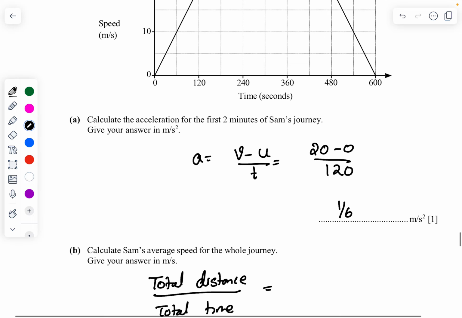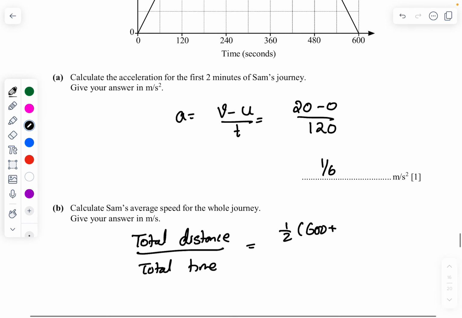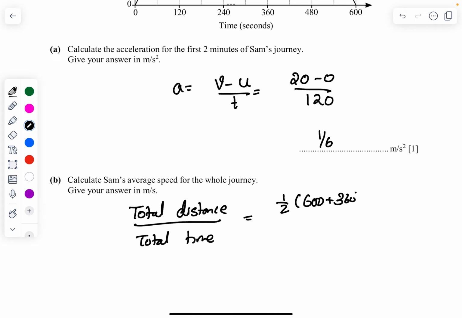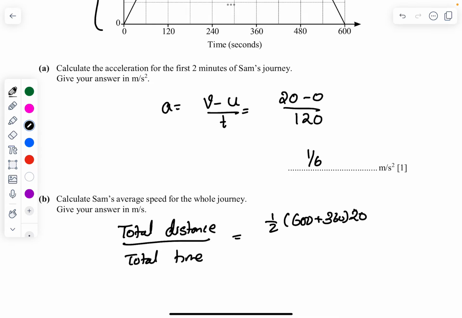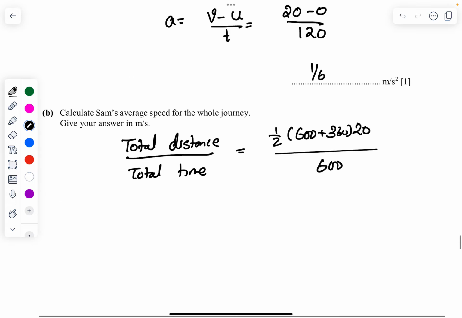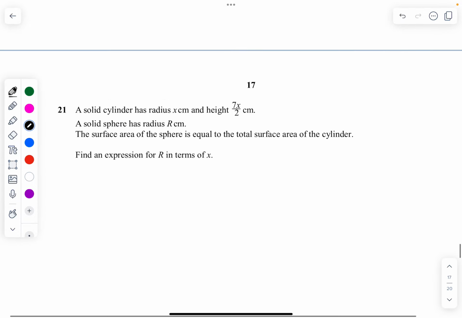Total distance: this is a trapezium, so 1 upon 2 times the sum of the parallel sides, 600 plus this distance, from 120 to 300 and 480, which is 360, times the height, which is 20. That is the total distance, and the total time is 600. So 9600 divided by 600 is 16 meters per second.